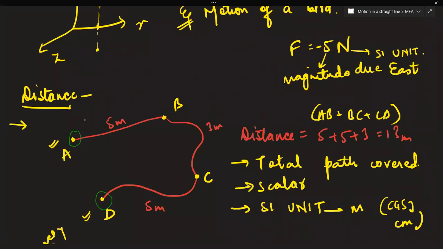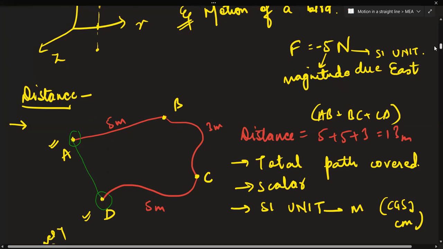You are not concerned right now with the entire path that is covered, right? You're just concerned about the initial and the final position. So just join the initial position with the final position. This gives you the displacement.